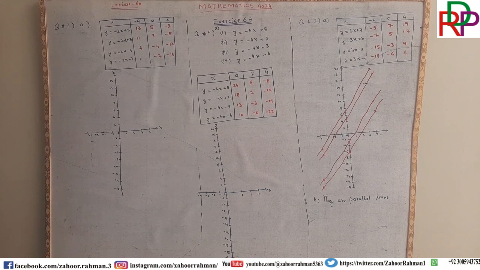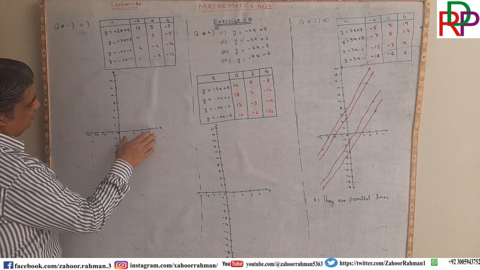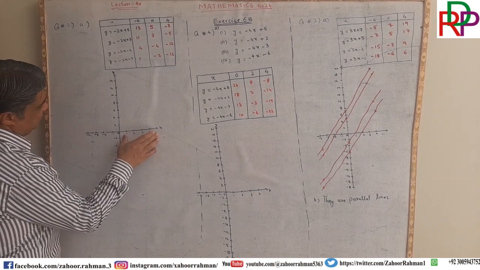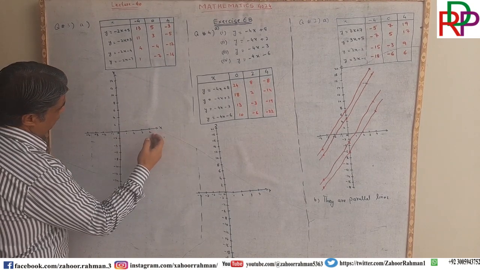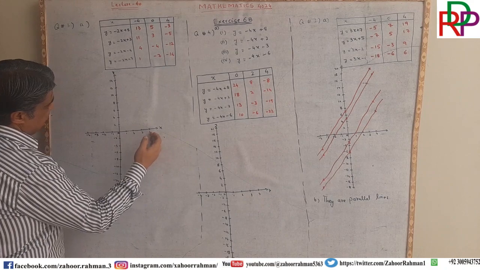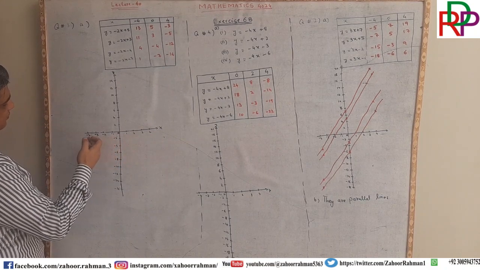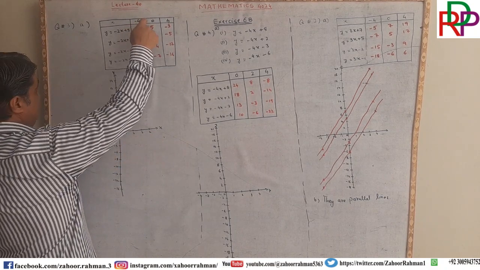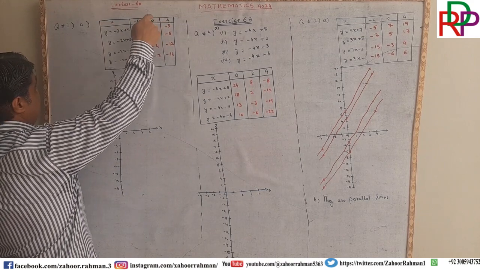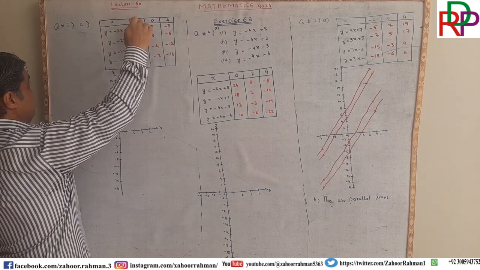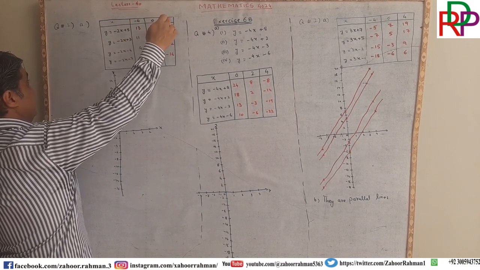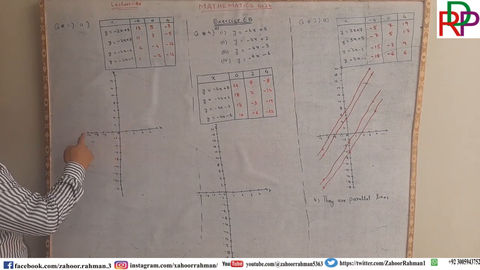Now the next job is to portray these points on the graph paper. Many students are asking me how we will find to go 4 on the right side and 4 on the left side. You have to see the x values. The x value is starting from minus 4 and it is going to plus 4.